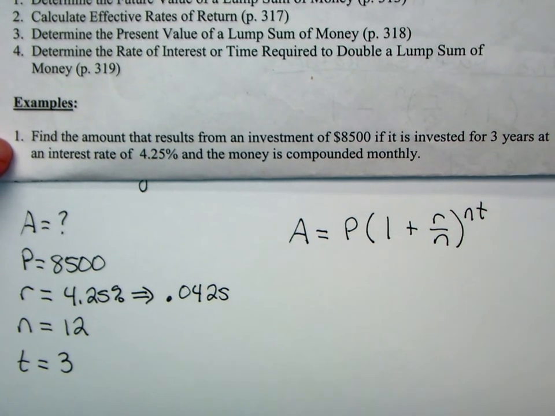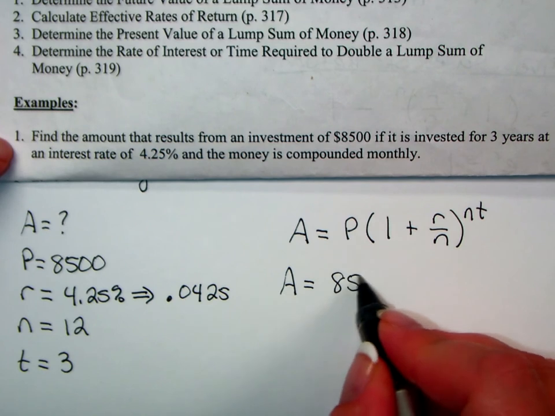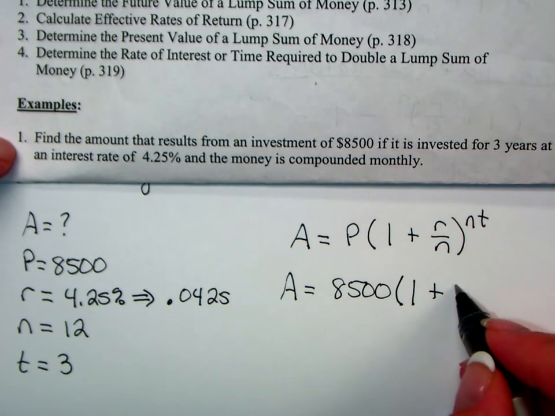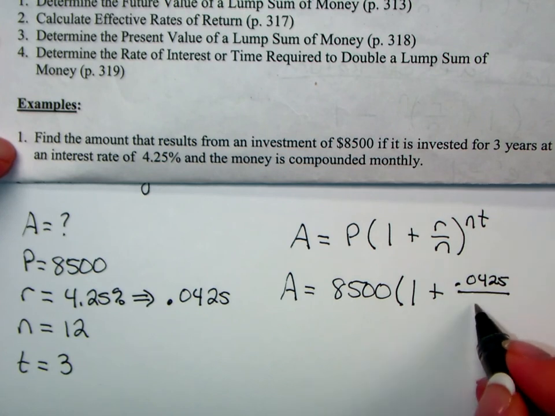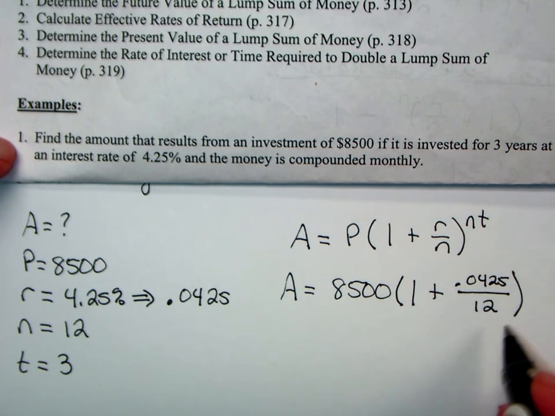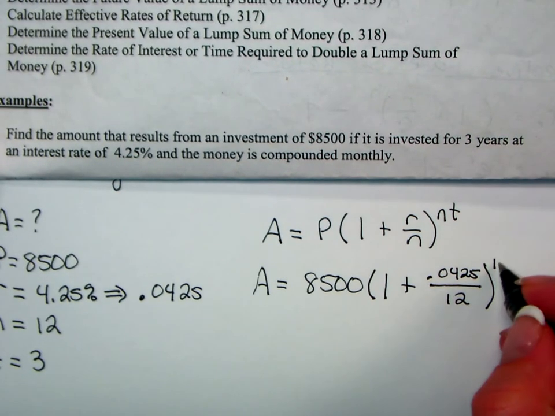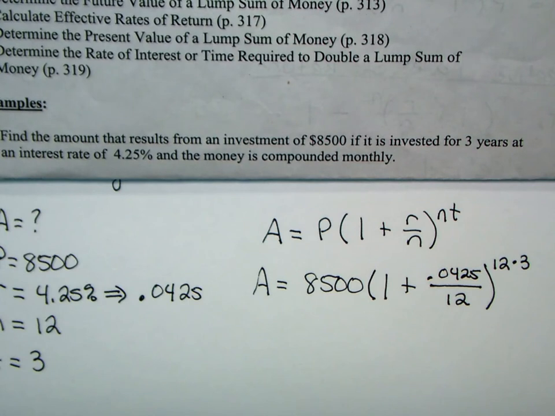So A equals, principal is $8,500 times 1 plus the interest rate, 0.0425, divided by 12 because it's compounded monthly. And then up here in the exponent, we're going to do 12 times 3. 12 times a year for 3 years is 36. You are going to need a calculator for this.